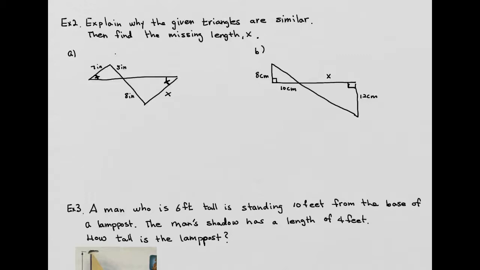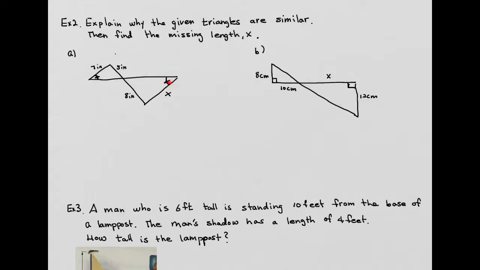So let's look at the first example. It looks like this. So we have 2 triangles, right? The first triangle is this one right here, the smaller one, and the other one is this one, right? From those 2 triangles, the angle signs are the same.